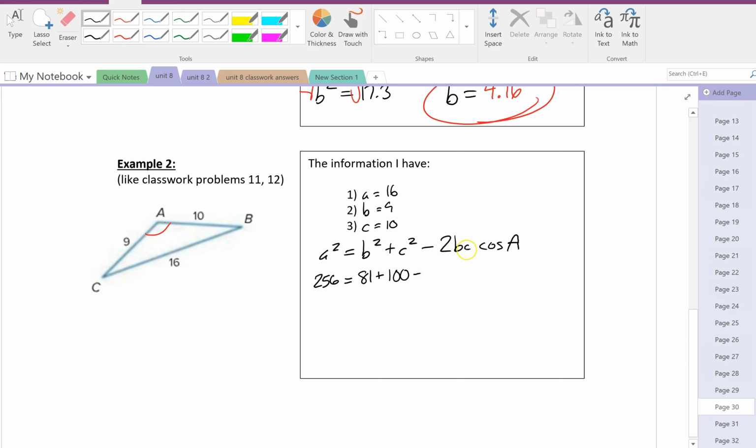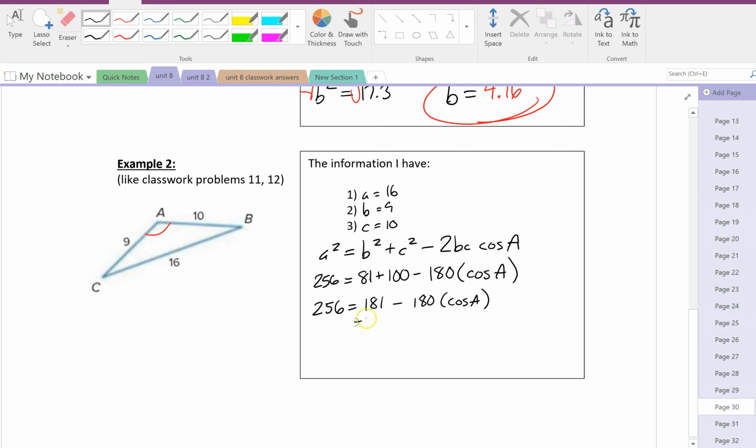Times 2 times B times C. So 2 times 9 is 18, times 10 is 180, times the cosine of angle A. I have to leave that like this because I don't know what angle A is yet. Okay, so 256 equals, well, 81 plus 100 is just 181, minus 180 cosine of A.